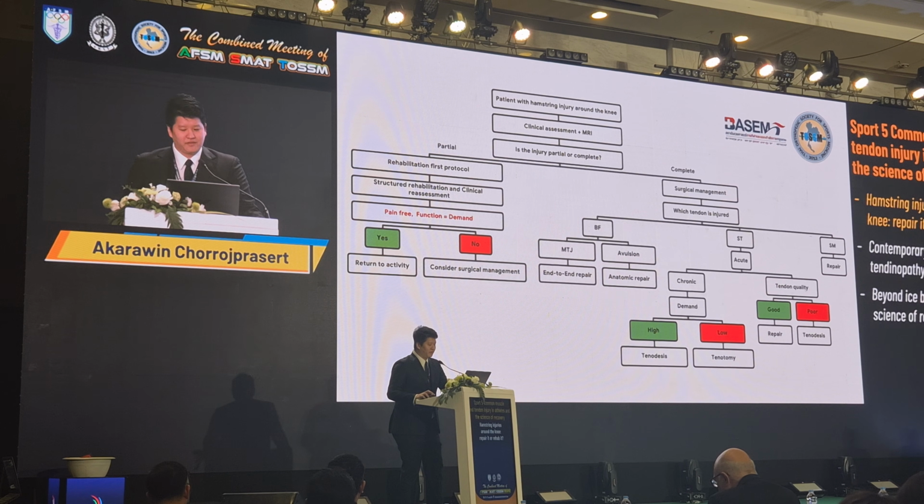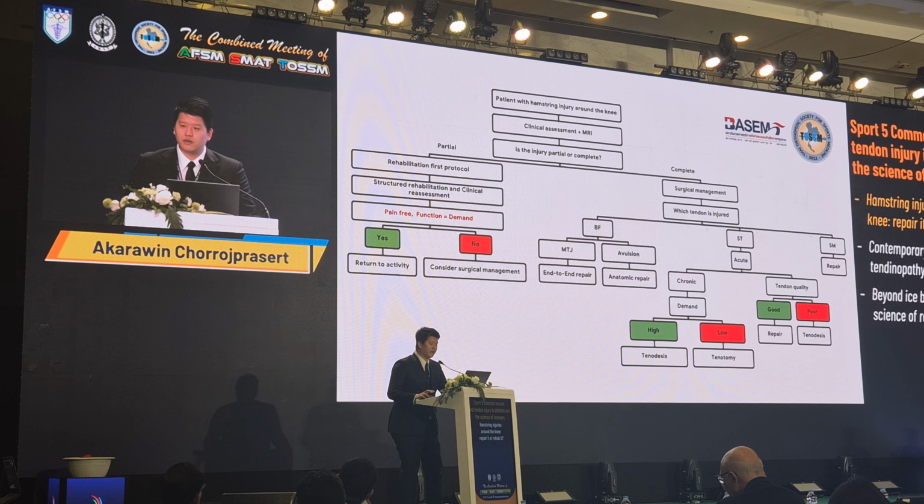So, this flowchart integrates the decision-making process from the sports evidence we currently have in hand. But a disclaimer, this is very important: I won't exaggerate and claim this as a guideline or standard treatment, but rather as a concluded idea and logical management pathway. So my management protocol and framework begins with the clinical assessment and then the MRI.